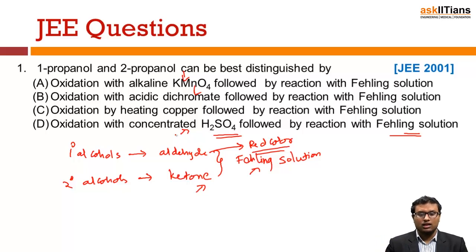It won't be an aldehyde or ketone, because these are strong oxidizing agents. So whenever you have a strong oxidizing agent, even if you get an aldehyde, it will get converted into an acid once you start from your alcohol.